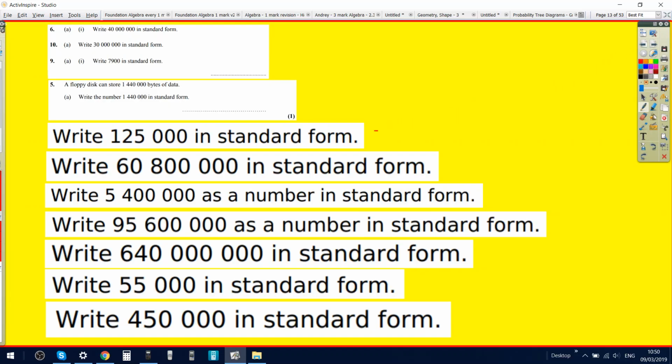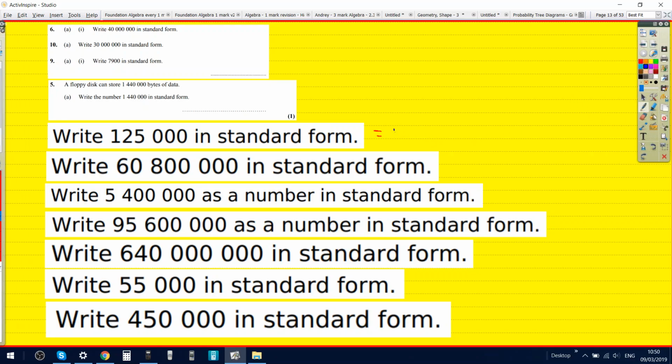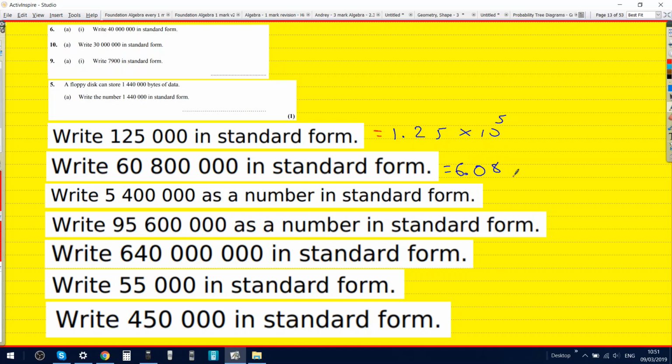Okay, let's say this first big one. Would that be 1.25 times 10 to the power of 5? 10 to the 1, 2, 3, 4, 5. Yep. Next one. Would this one be 6.08 times 10 to the power of 6?